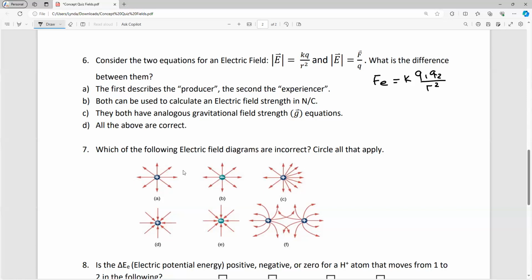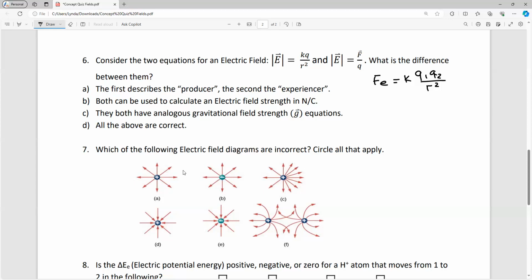So first describes producer, second experiencer. Yeah, it's like they are related. You are getting one formula through another. Okay, so force over charge. And here when you substitute charge divided by distance squared and put units for coefficient K, it will also be force over charge, newtons per coulomb.